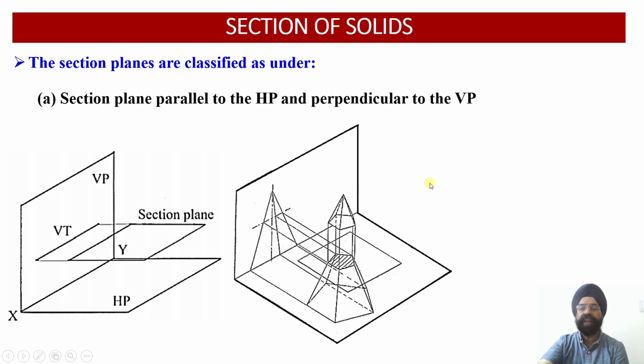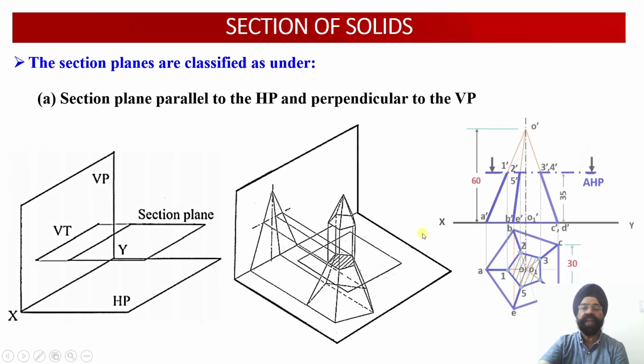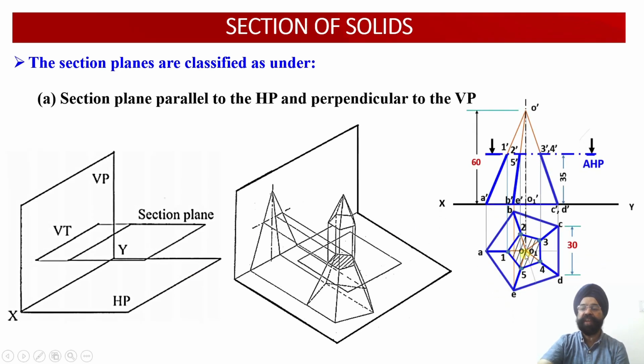This portion we are going to discard, and our main interest is to develop the true shape of this particular cut section. And since this solid has been cut by a cutting plane parallel to the horizontal plane, the true shape of the cut section will be obtained in the top view onto the horizontal plane, right? So this is the first case that we are going to deal with.